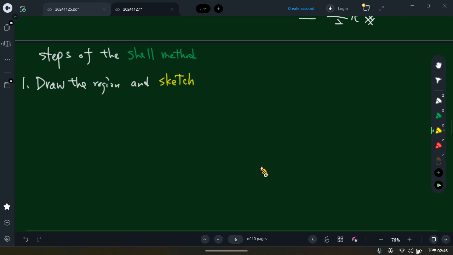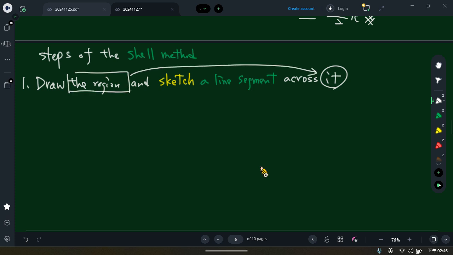Sketch a line segment across the region. And how to get the line segment?